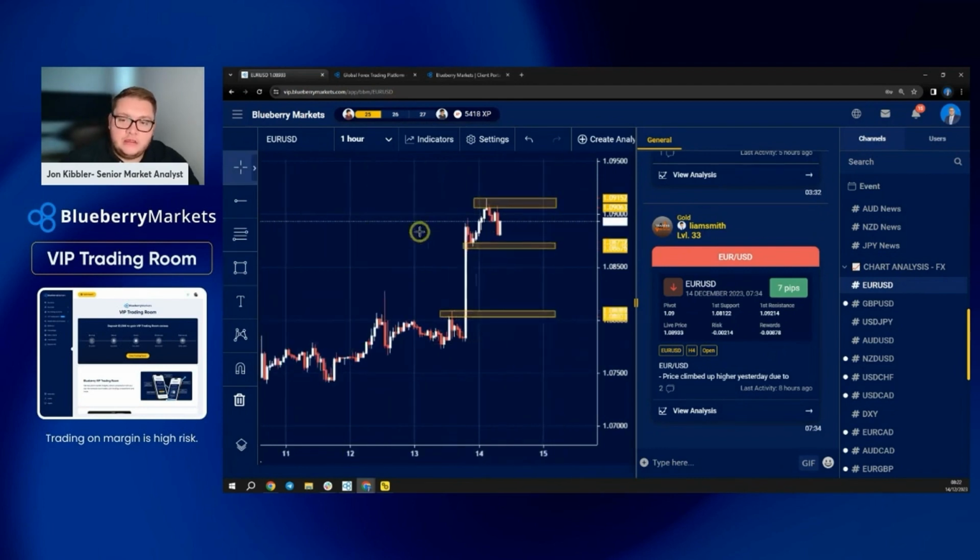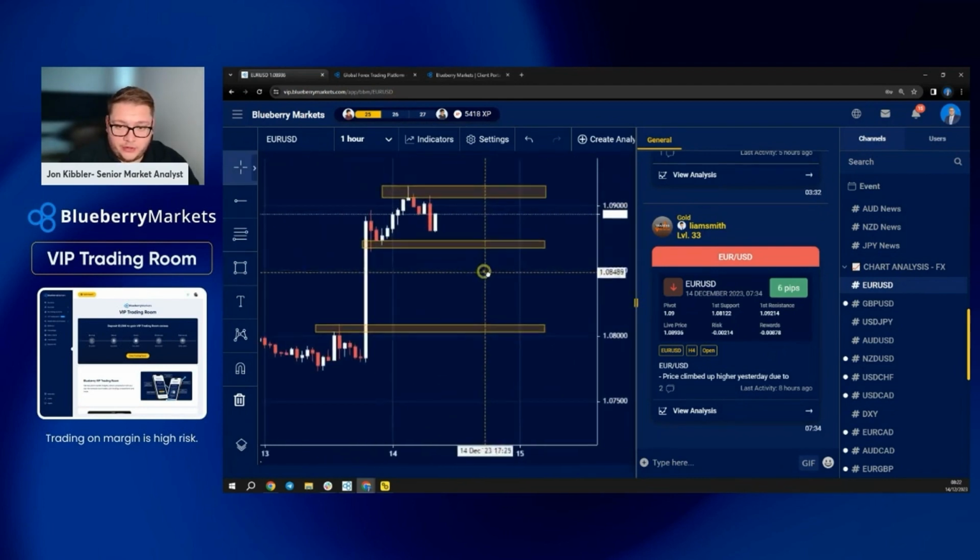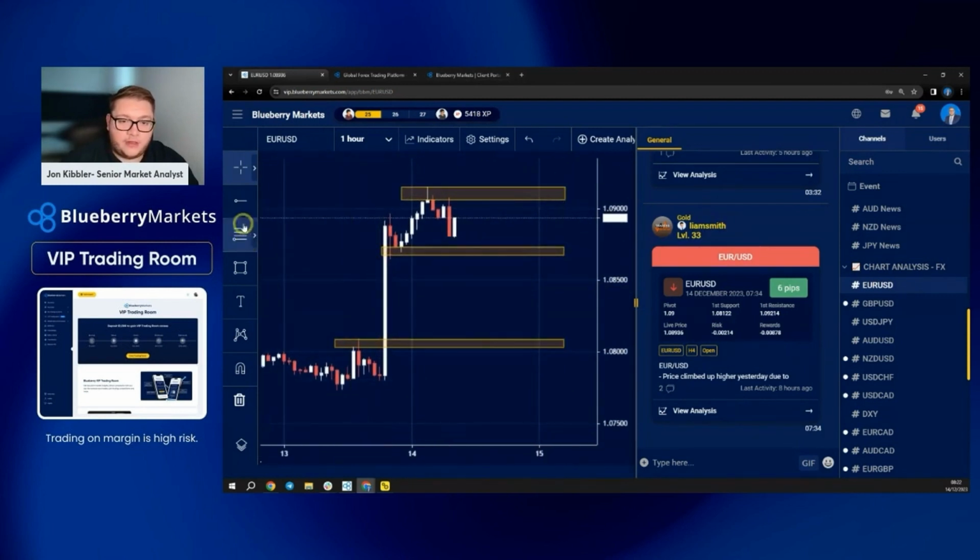My analysis is going to be really simple on euro US dollar. The way I look at the market is I can see that there's obviously a huge move through there, so that's going to be a low volume point. What I'm going to discuss is if price can break through that area, can it then continue down to the next level of support?